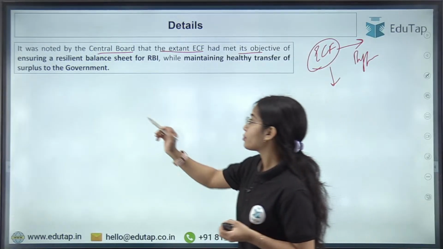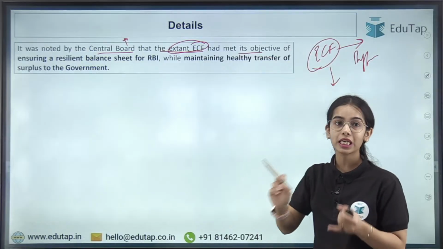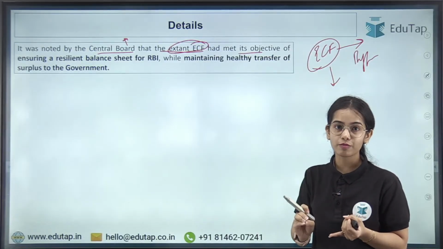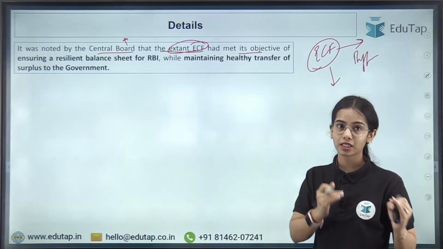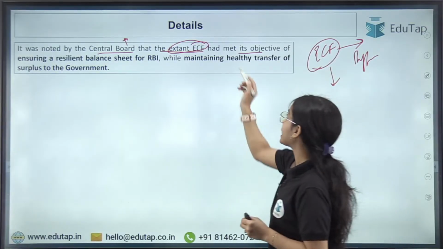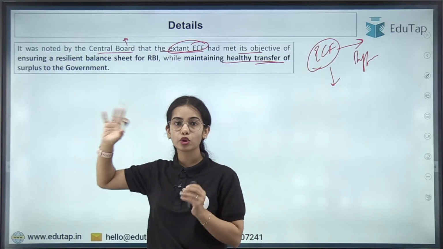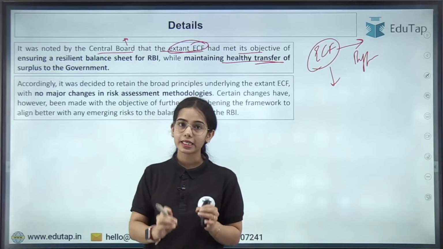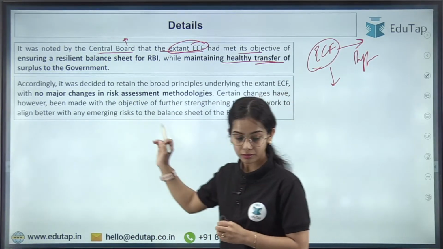So it was noted by the Central Board that the existing ECF had met its objective of ensuring a resilient balance sheet of the Reserve Bank of India, where the RBI was maintaining enough of the buffers that were required, while maintaining healthy transfer of surplus to the Government of India also. So both objectives of the ECF recommended by the Bimal Jalan Committee are met.